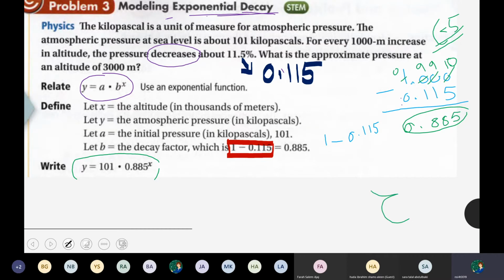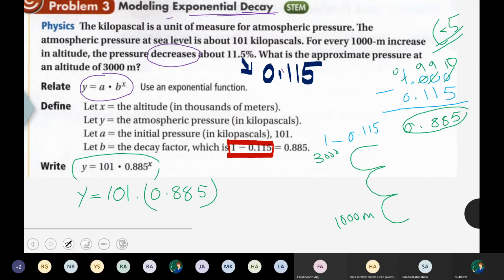So for every 1,000 meters, after 3,000 meters, how will the atmospheric pressure be? I will use this function, 101 times 0.885 raised to x. What is x here? Can you tell me?